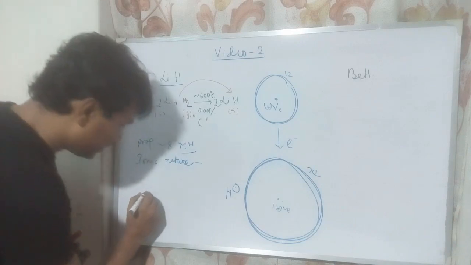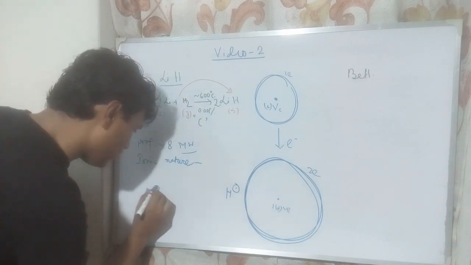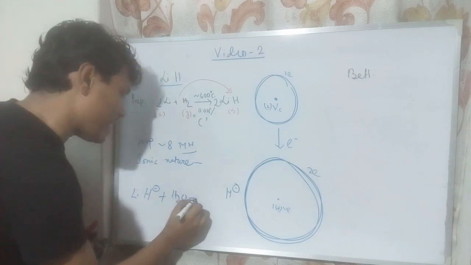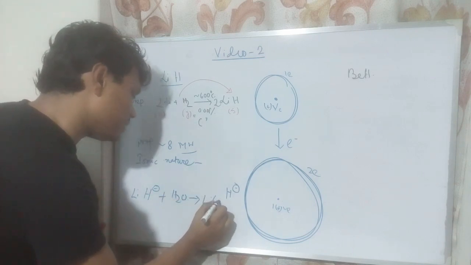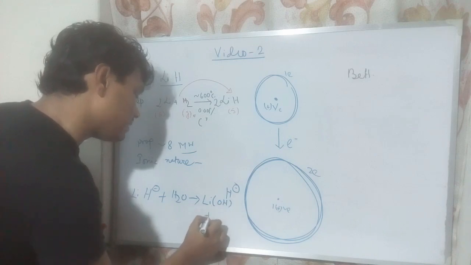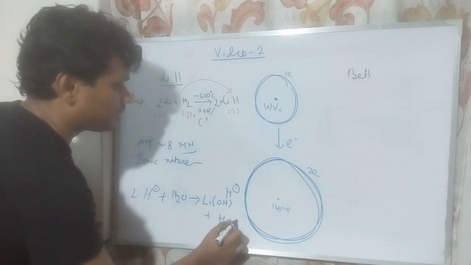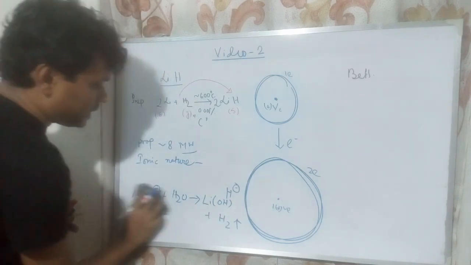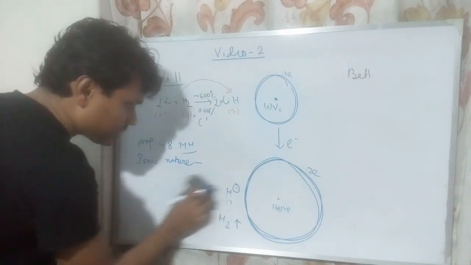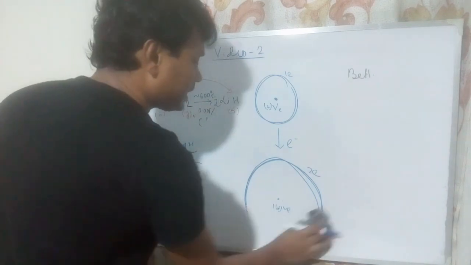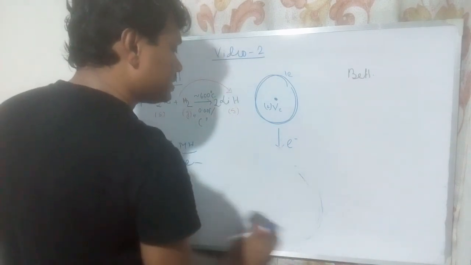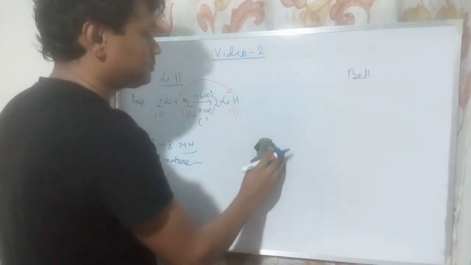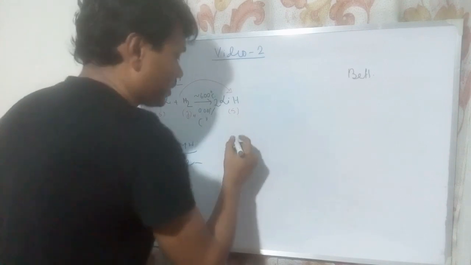One example, let's take lithium hydride plus water. It will react to form lithium hydroxide plus hydrogen gas. And actually, if we explain it in a clearer picture, we can understand that the reaction is happening between hydride and proton.